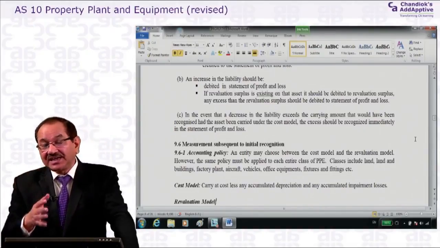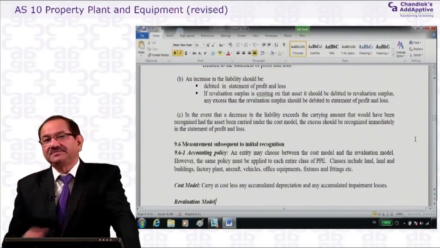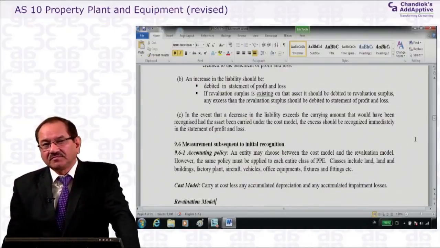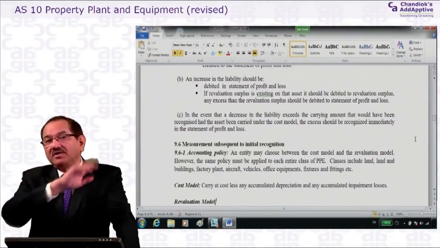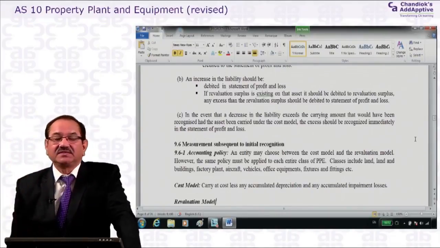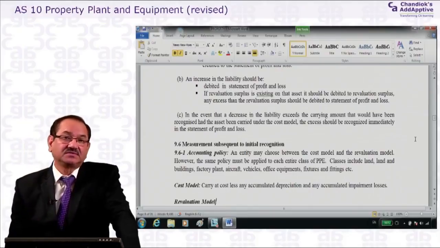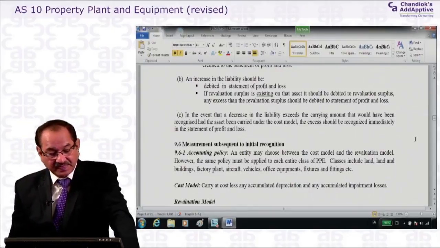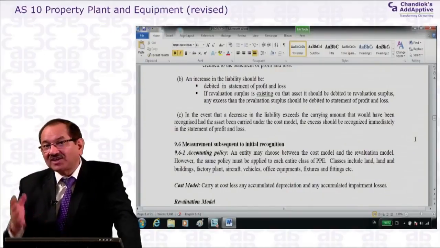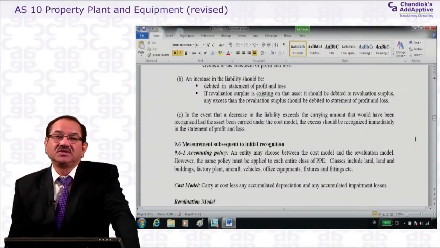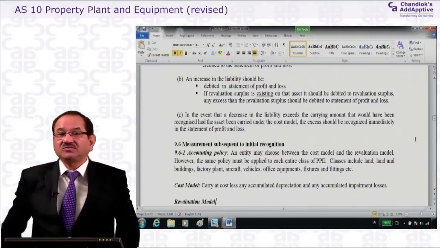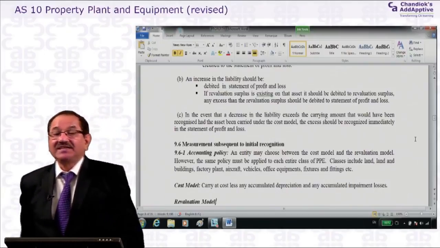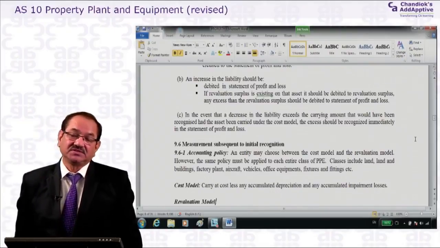And in this standard, there is a difference here. In the earlier standard, there were no accounting policies and there were no options. Here you have options. It says that you can follow either the cost model or a revaluation model. On 31st March 2017, you can decide the accounting policy.